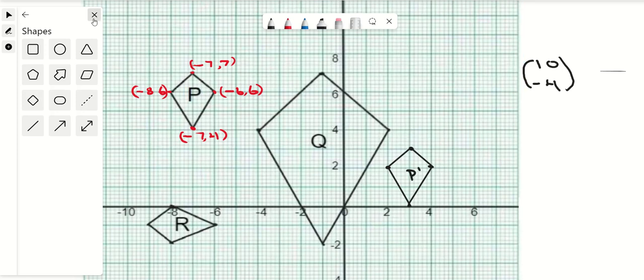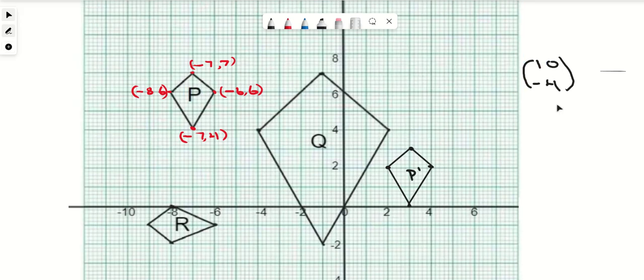Now let's just say this was a larger number. You do not want to take too much time moving 10 units and then minus 4 units down, right? So a next way that we can do this question is take each of these coordinates, turn them to column vectors, which would be x value on top, y value on the bottom, and add it to my translation.